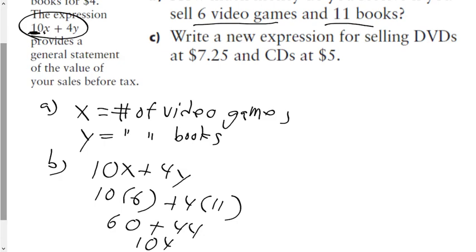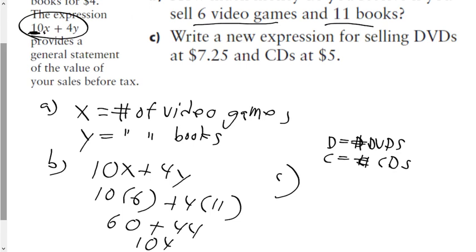And finally, C, what would happen if the DVDs were at $7.25 and CDs were $5? So again, I'd probably use D equals number of DVDs, and I'd say C equals number of CDs, like that.